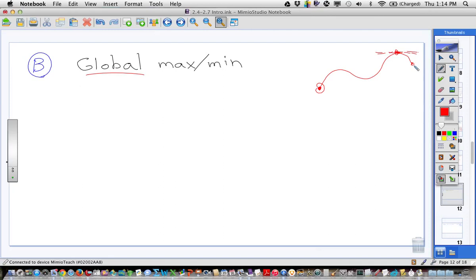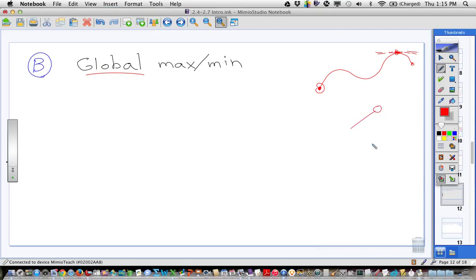We're going to talk about nice smooth curves, no sharp points or breaks or weird things. Okay? So the only places that the highest and lowest points can be, and infinity doesn't count because it just goes forever. So if I give you a closed interval, there has to be a highest and lowest point. Does that make sense? If it's a nice smooth curve, no breaks or weird things, there has to be a highest point.